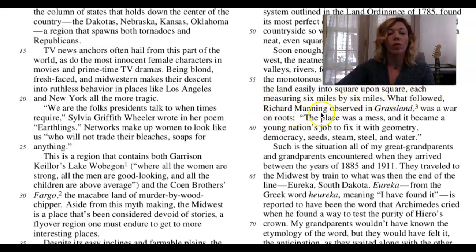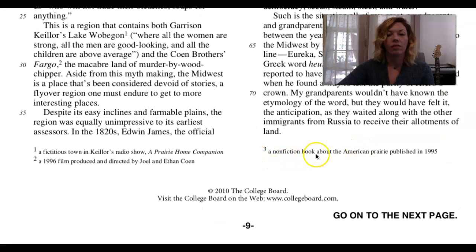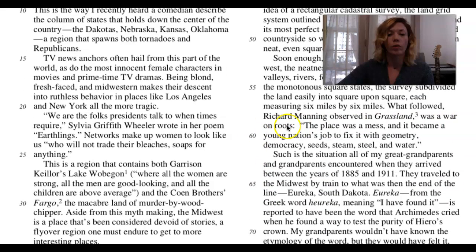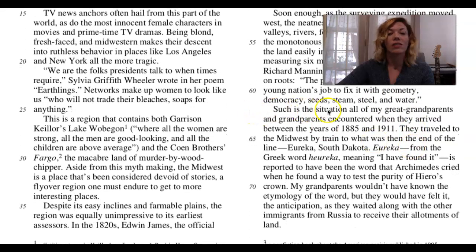What followed, Richard Manning observed in Grassland, a nonfiction book about the American prairie published in 1995, was a war on roots. The place was a mess, and it became a young nation's job to fix it with geometry, democracy, seeds, steam, steel, and water. Such is the situation all of my great-grandparents and grandparents encountered when they arrived between the years of 1885 and 1911.